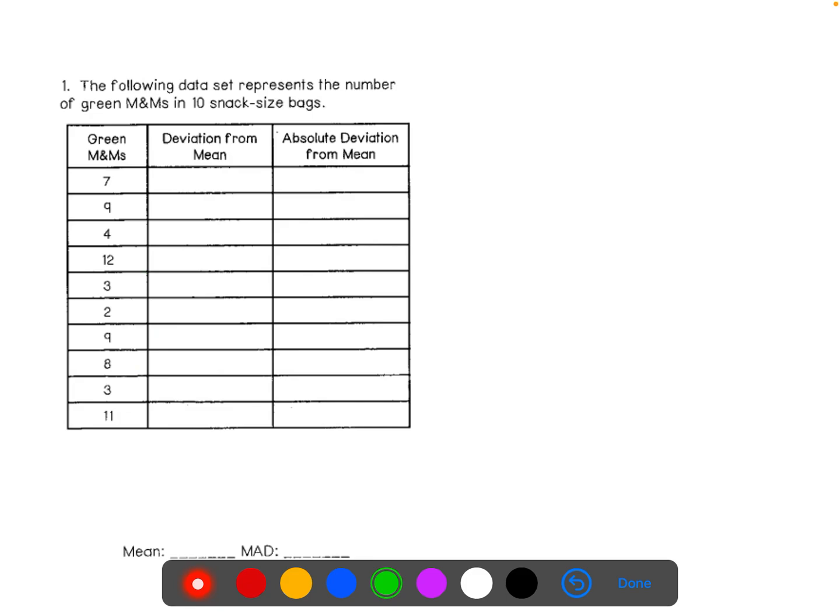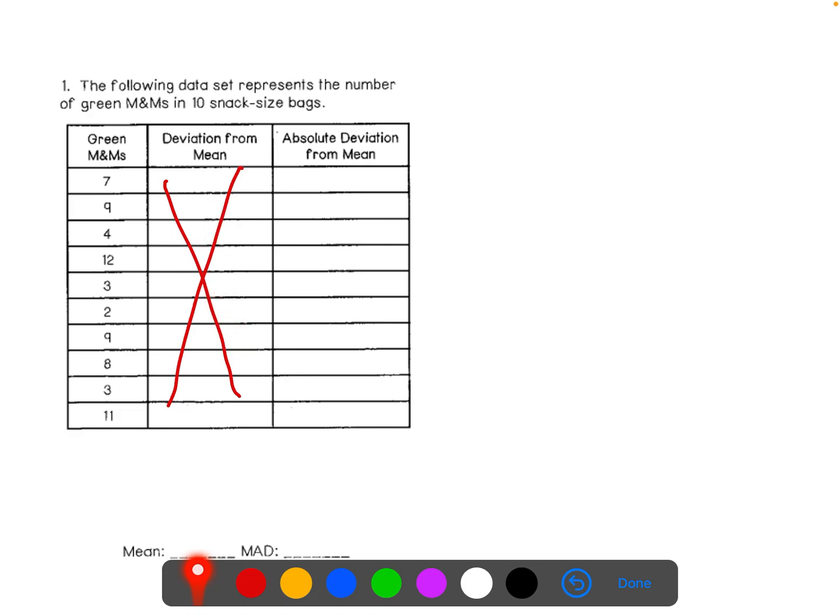All right, so continuing on into the practice questions, the following data set represents a number of green M&Ms in 10 snack size bags. So we have our 10 bags here. Each of them has this number of green M&Ms. Then we have, and this is where yesterday we crossed off this first column, the deviation from the mean, because some of these are going to be negative values.